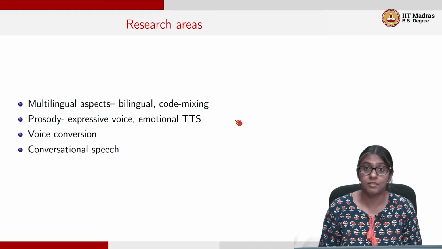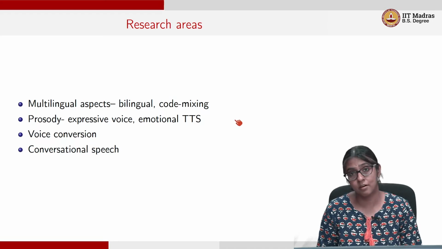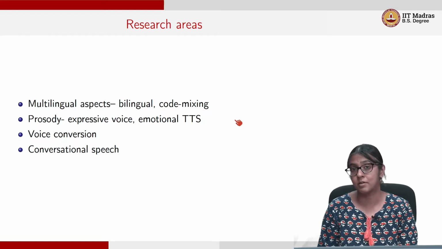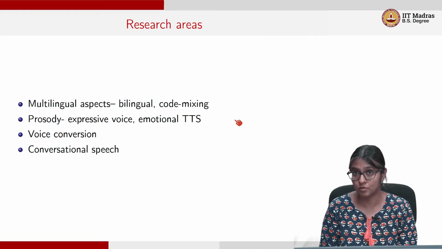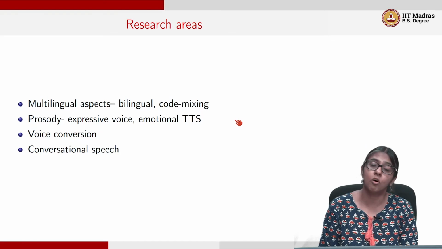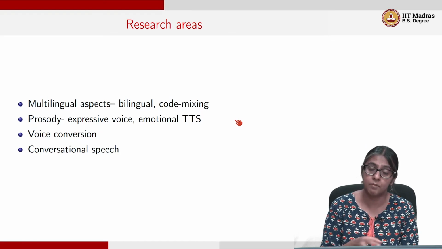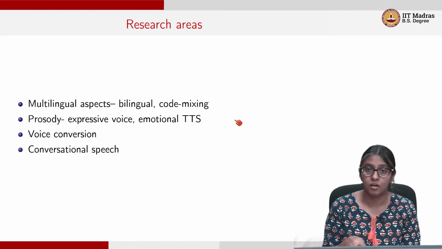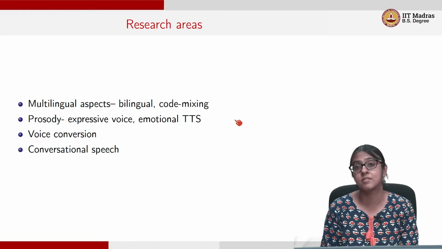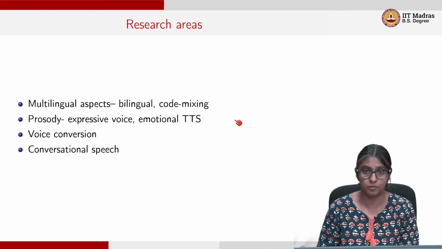And in addition to all this, it's not just that end to end is easy to train, so everybody is doing end to end just because it produces good quality speech. No, people are also looking at hybrid systems. Can we have hybrid unit selection based end to end? Can we combine the vocoder in HTS? A lot of research on hybrid systems is also being carried out.